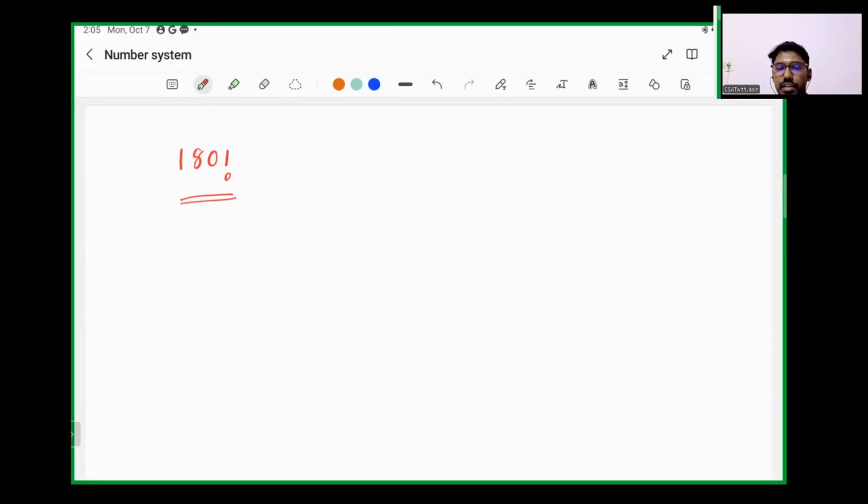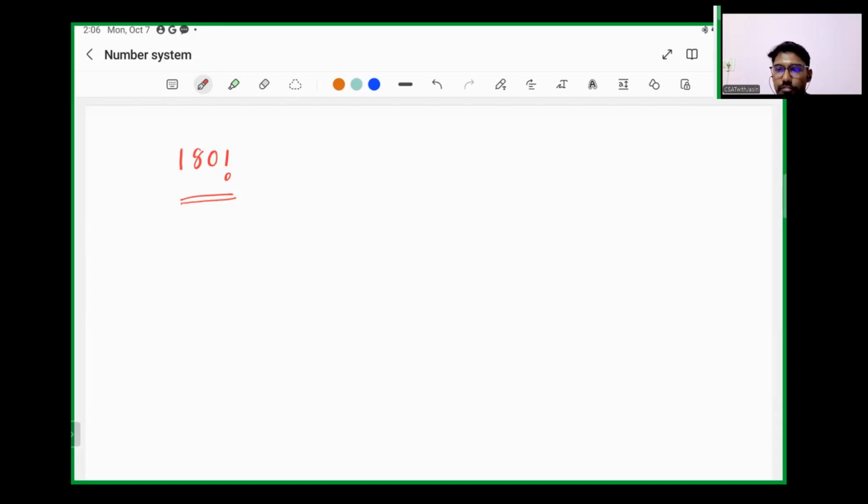So how many zeros are at the end of 180 factorial? Okay. Adira told 44. Any other answers? Even if it's wrong, it's okay. Just try to answer if you're getting the answer.